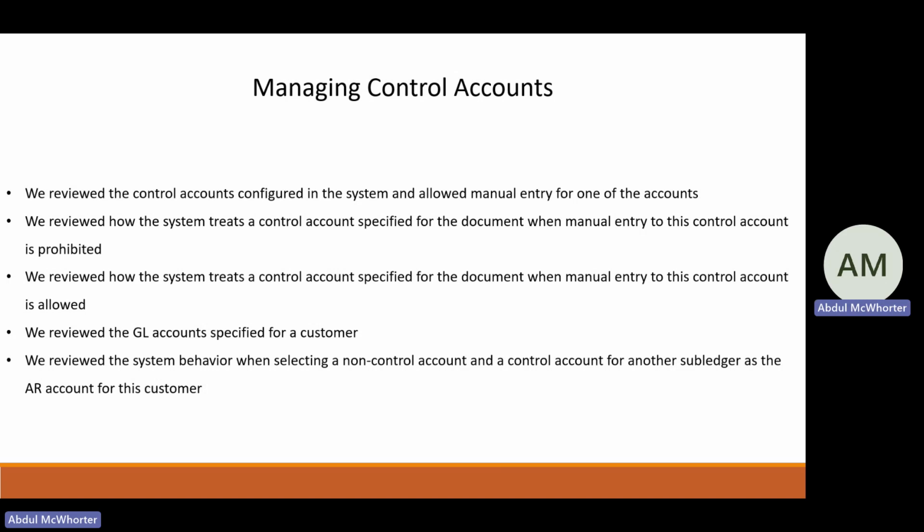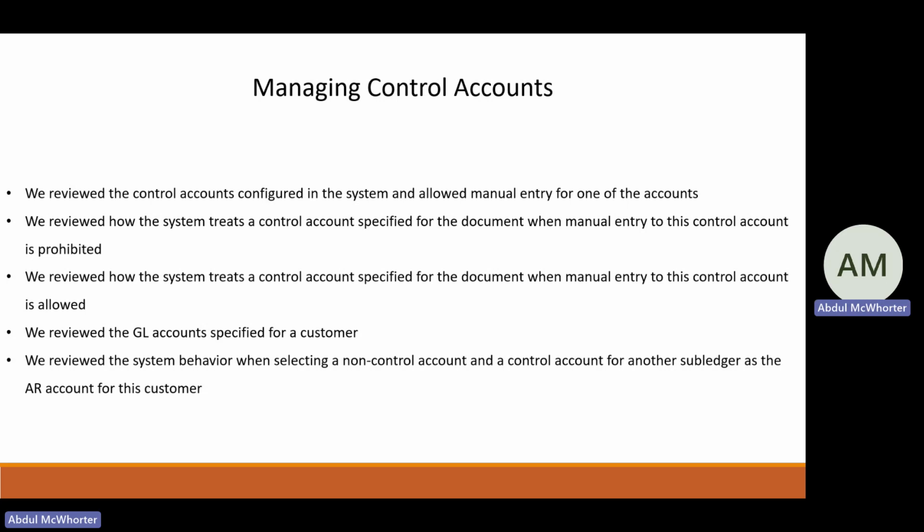We then reviewed the general ledger accounts for specific customers, in this case, defaulted customers. We took a look at the general account tab and we saw the accounts that were defaulted to those customers. Last, we reviewed the system behavior when we attempted to add a non-control account and a control account as the accounts receivable account for the customer.